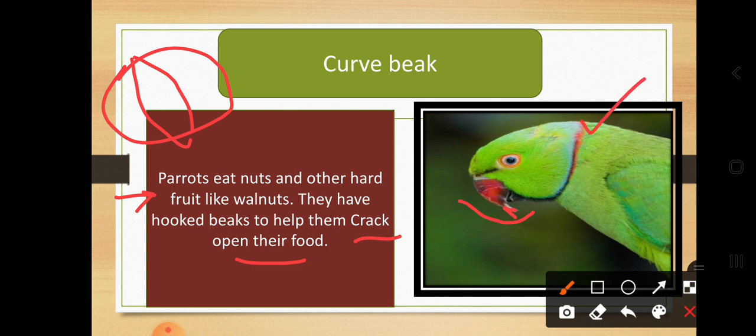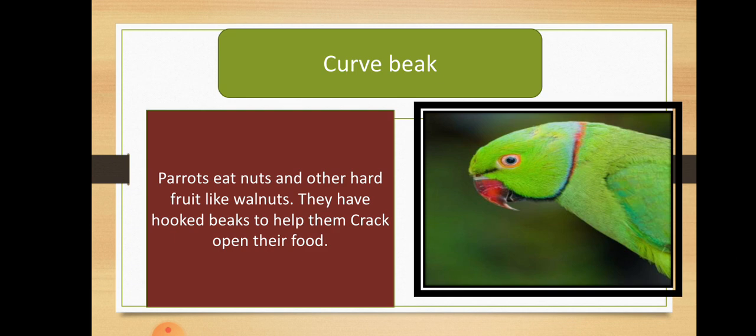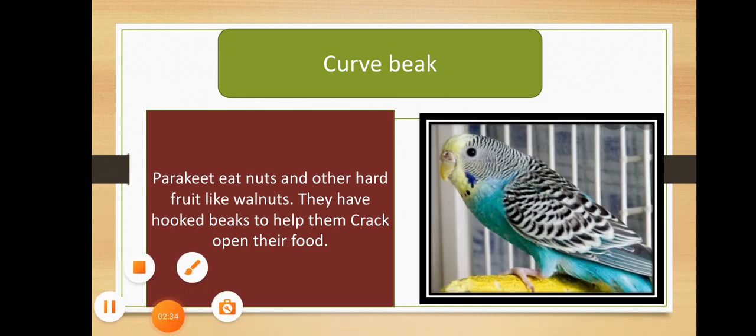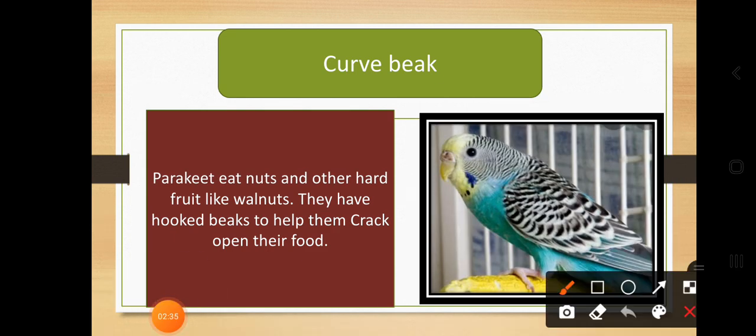Is there any other bird that has the same curved beak? Let's discuss. Okay, so here is another bird. Which bird is it? It is a parakeet, okay. In a similar way to the parrot, the parakeet also has a curved beak.